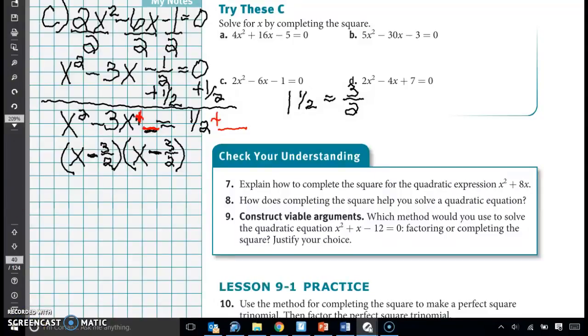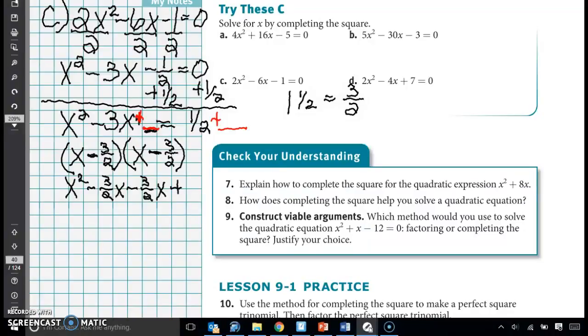Alright, so let's verify that this matches, because it's better to catch that mistake now than later, right? So x times x is x squared. X times negative 3/2 is negative 3/2 x. And then negative 3/2 times x. And then what's negative 3/2 times negative 3/2? Something squared is positive.